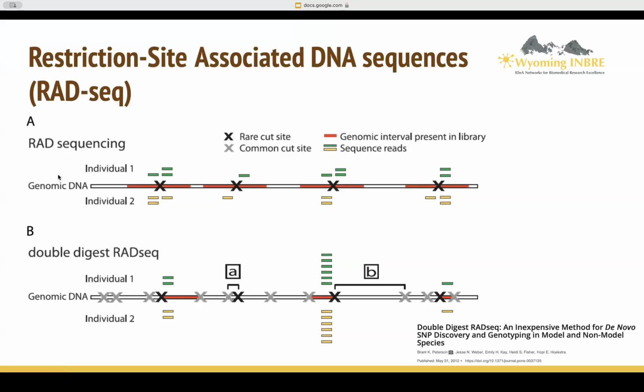RADseq, or restriction site-associated DNA sequencing, is a technique used to sample and sequence homologous regions of the genome across many individuals. This process involves cutting DNA with restriction enzymes. The restriction enzyme cut sites are designated as X's here.